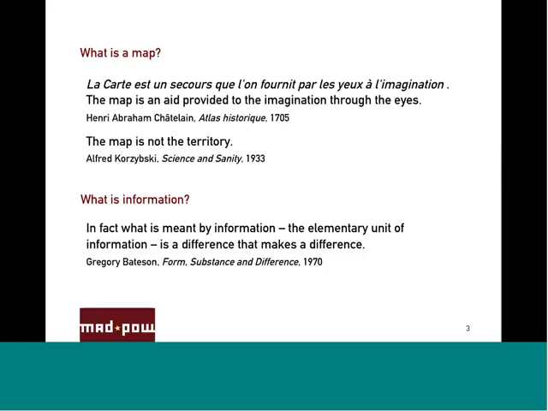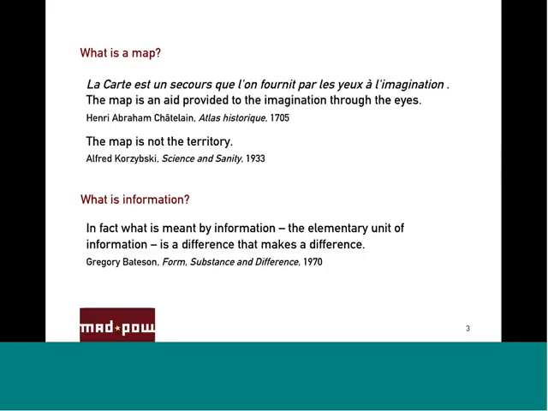Whatever the map represents is always some kind of a simplification, abstraction, or manipulation of the information that you're trying to present. And the last bit of fundamentals, this question, what is information? There are, of course, many different ways of answering that question, but the one that I find most useful and I think applies the most to visual design is this quote from Gregory Bateson.